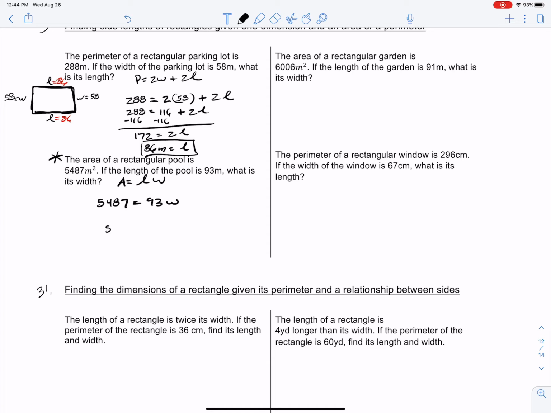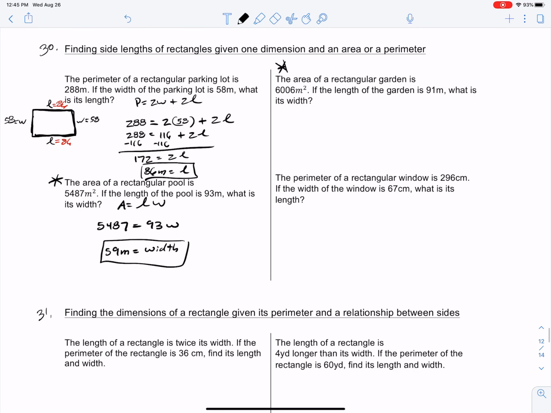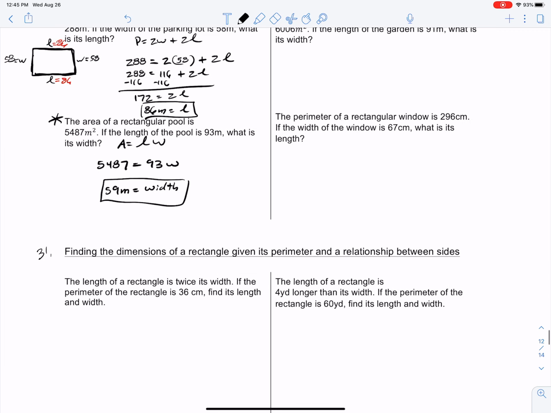You get 59 meters equals your width. And there you go. Simple as that. And now, if you did 59 times 93, you should get 5,487, just to make sure that your answer was correct. Now you can try the problems on the right-hand side and see if you can find your answer. Play, pause it.